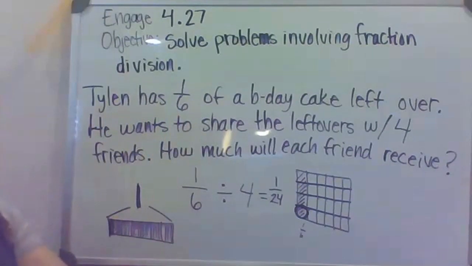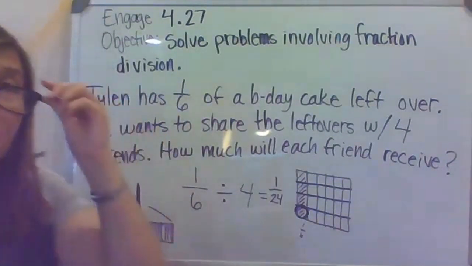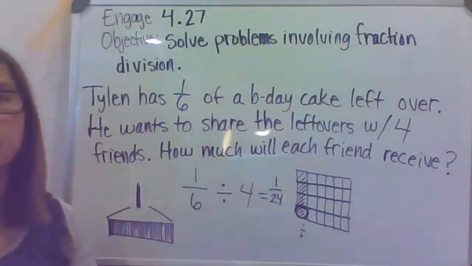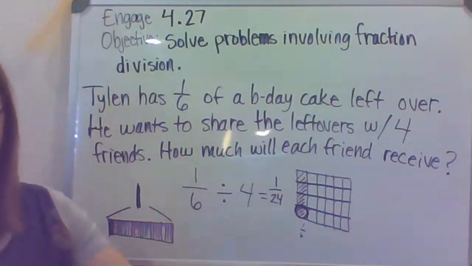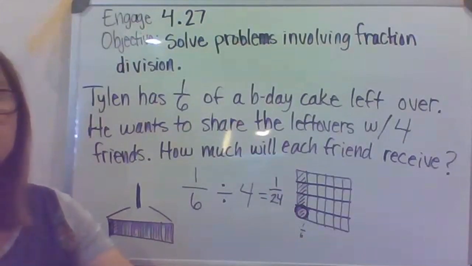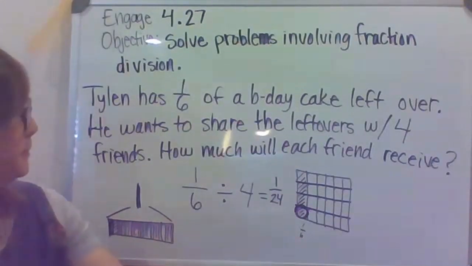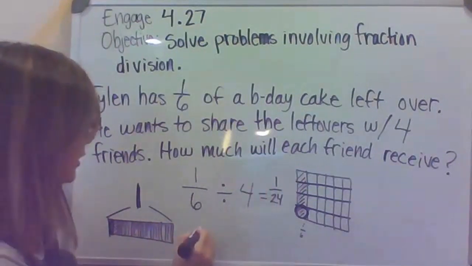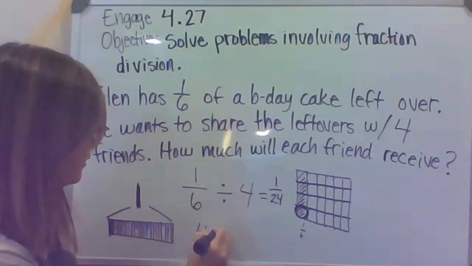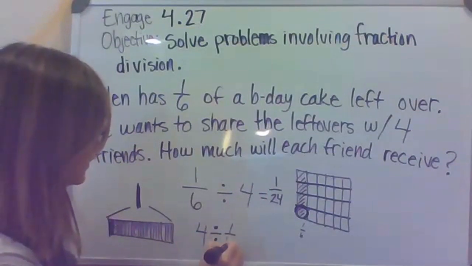Not always. So again, they're going to expect you to read through these and make sure you understand what they're asking you to solve. So read carefully, take some time to think, and then logically ask yourself, is my answer a logical, reasonable answer? Okay. So for example, if I solved this out the other way, what if I said, oh, I think it's 4 divided by 1/6?